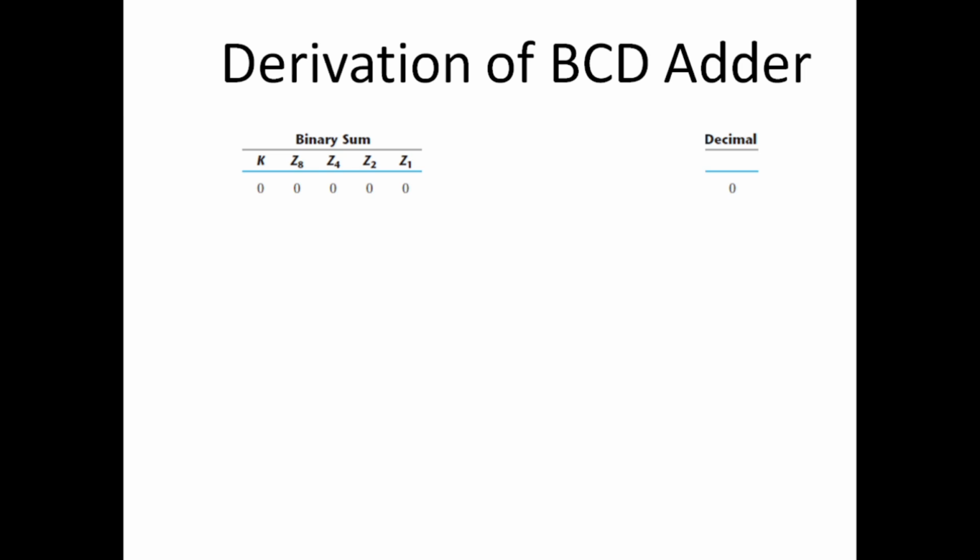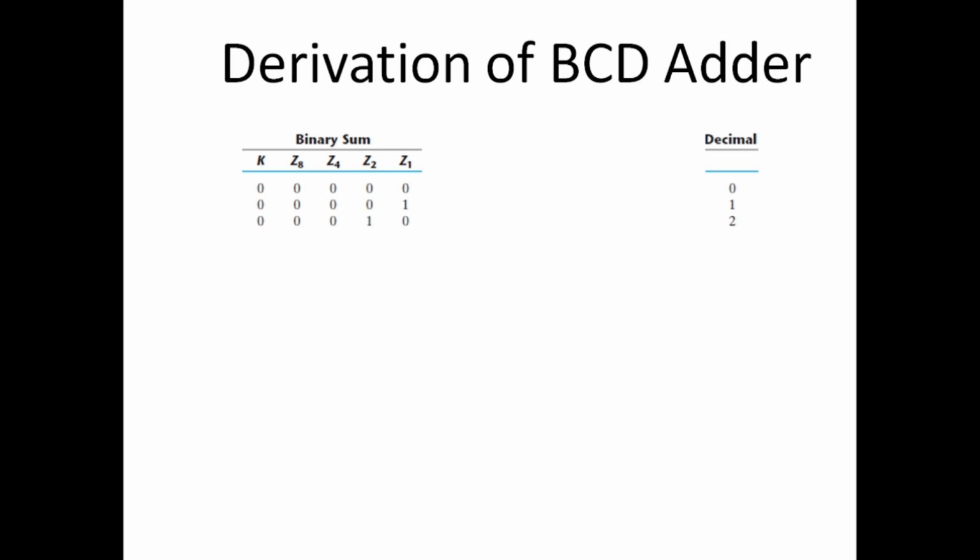So if the sum of the adder is 0, then in binary the 4-bit sum would be 0, 0, 0, 0, and the output carry would be 0. And if the output sum is 1 in decimal, then the binary sum would be 0, 0, 0, 1, and the output carry would be 0.